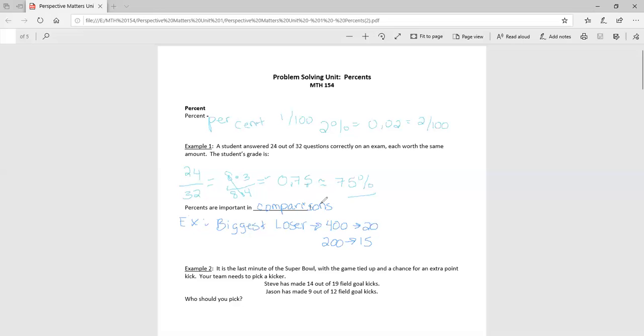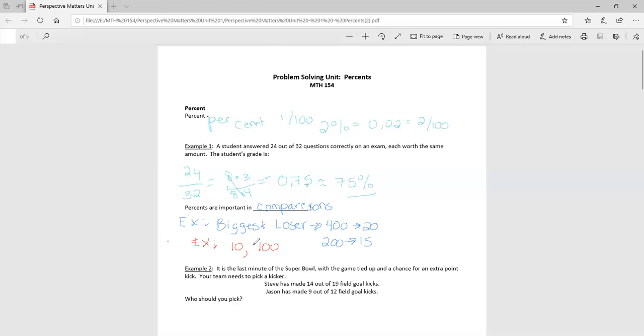Okay, another example, which might hold a little bit more relevance for you in school, is if you're looking for a professor and you're looking at their ratings, and last semester, a certain professor had 10 people pass and another one had 100 people pass. Which one are you going to take?